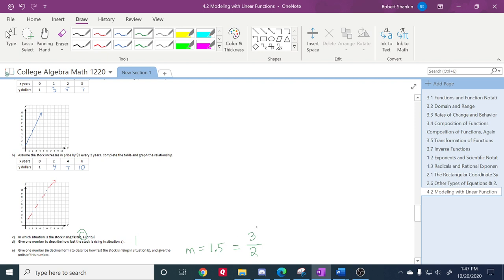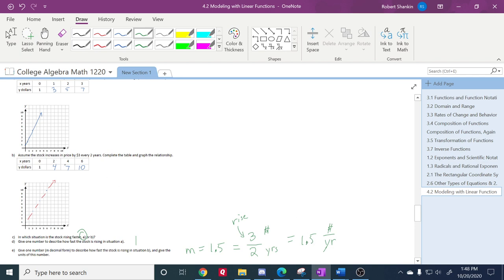And the 3, you said this was the rise. So every year it's rising $3. And the units of that is dollars. And every 2 years, so the units of this is years. So it's 1.5. The units would be dollars per year. That's how many dollars is rising per year.